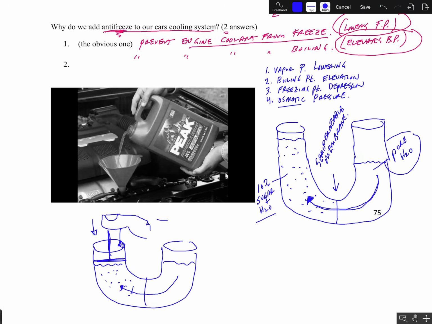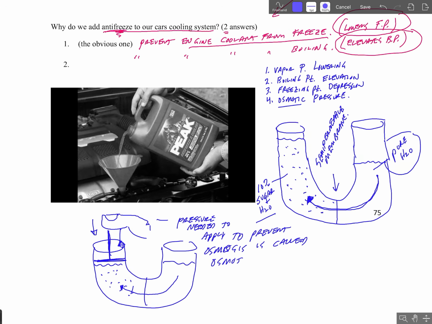The pressure that we need to apply to prevent osmosis is called osmotic pressure.